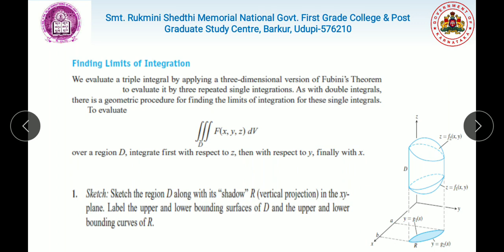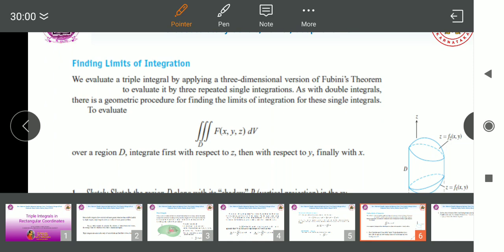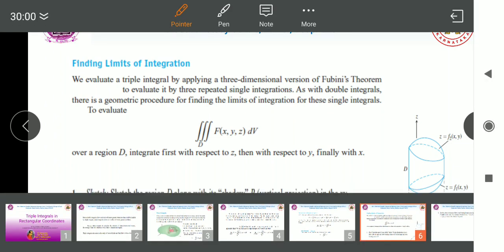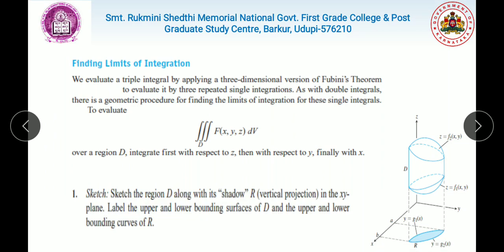Its projection in the xy plane is denoted by R. The domain D is bounded above by the surface z equal to f2 of x comma y, and it is bounded below by the surface z equal to f1 of x comma y. The region R, on the left, is bounded by y equal to g1 of x, and on the right it is bounded by y equal to g2 of x.